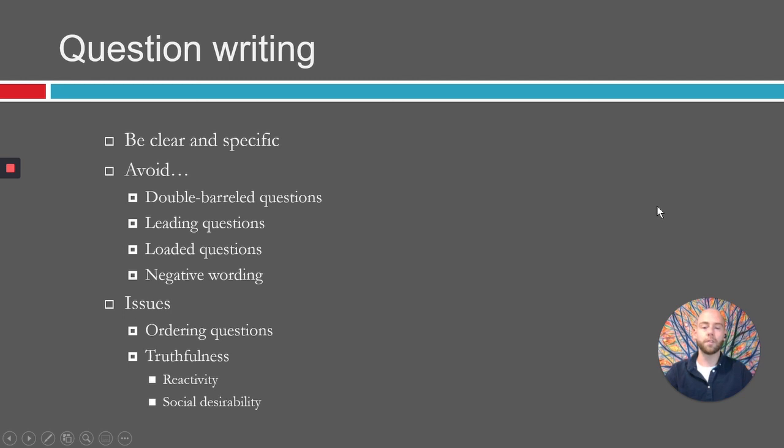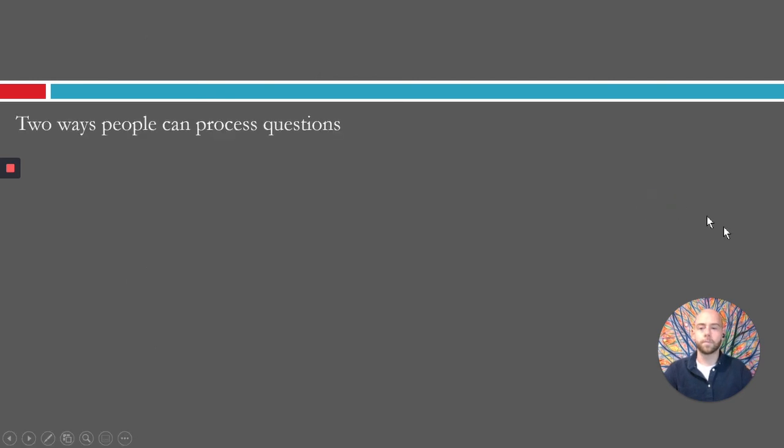And you want to think carefully about how honest and truthful people are going to be, because people might not want to tell you how racist they are, or they might not want to tell you how many sexual partners they've had, right? They might react to your questions in a way where they're offended, or giving an extreme response because of how you ask the question, or lying because of the experience of being involved in an interview.